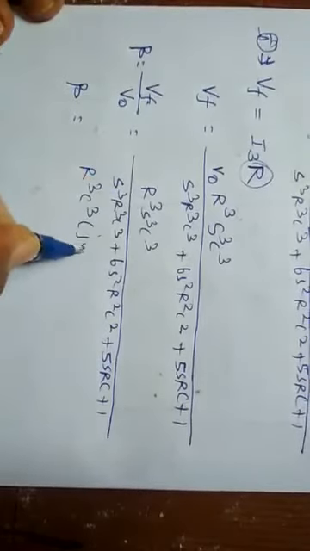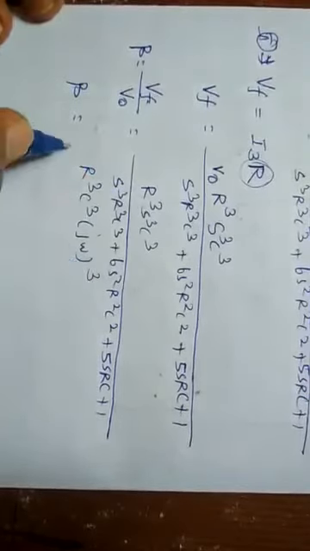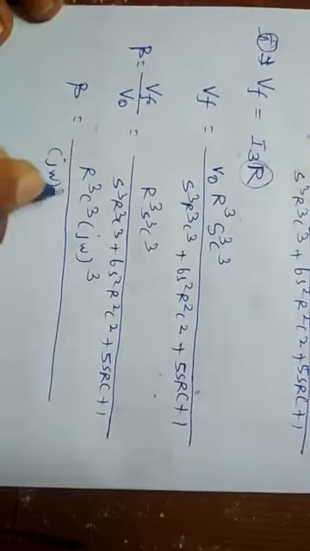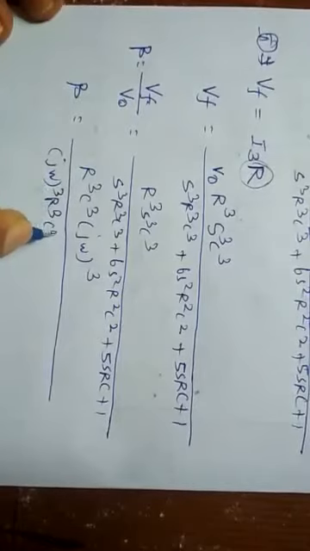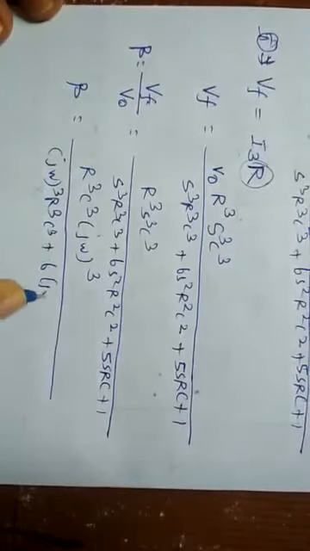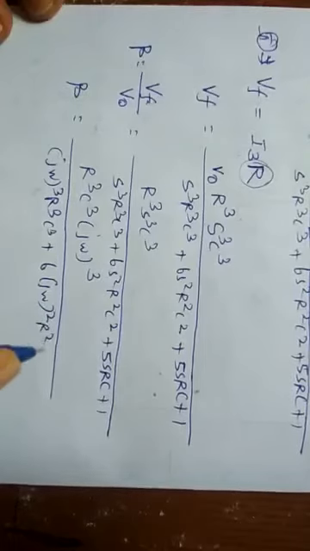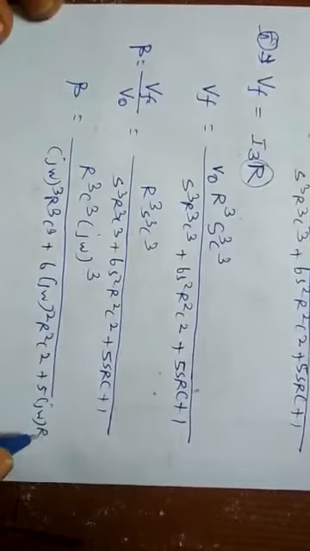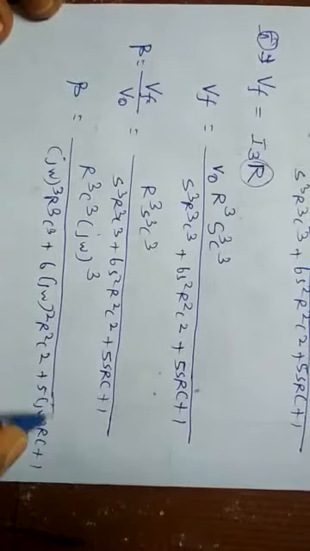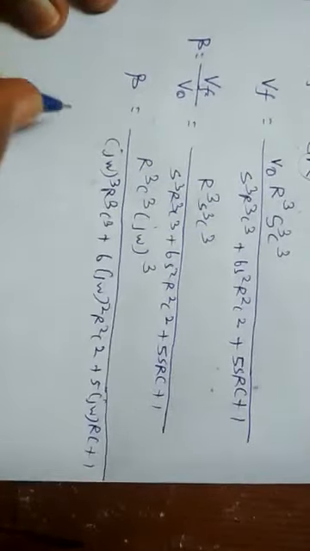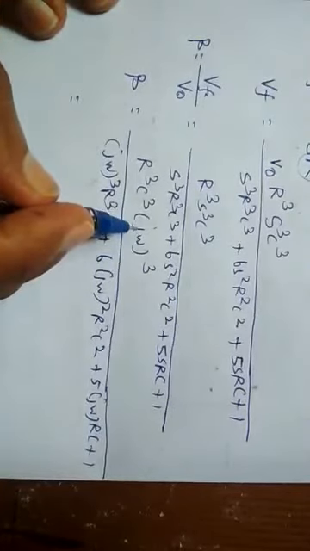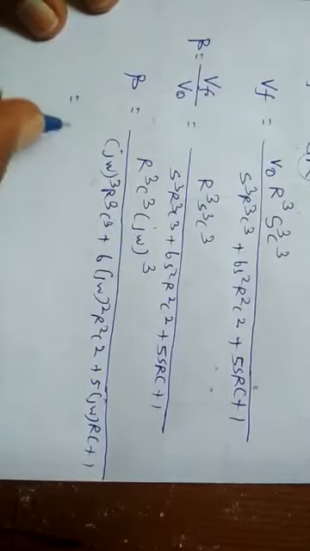For S we can put j omega, so it is j omega cube R cube C cube divided by j omega cube R cube C cube plus 6 into j omega squared R squared C squared plus 5 into j omega RC plus 1. So we have omega squared is minus 1, j squared is minus 1, j cube is minus j.